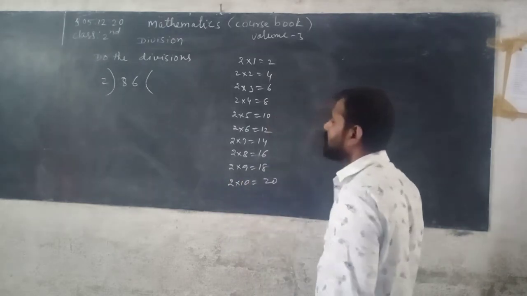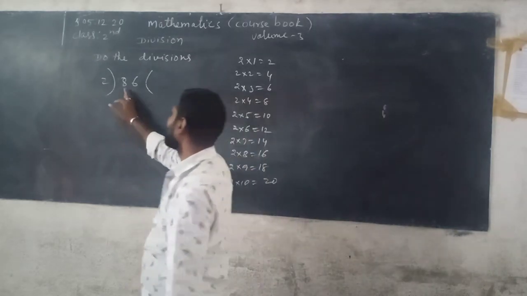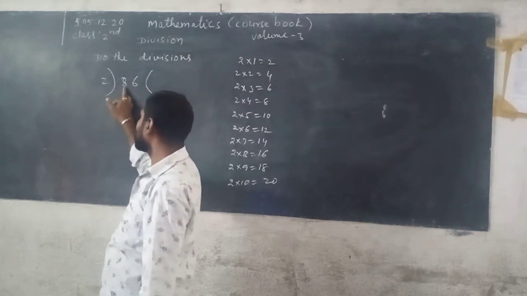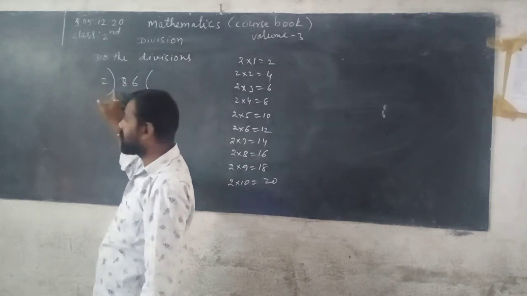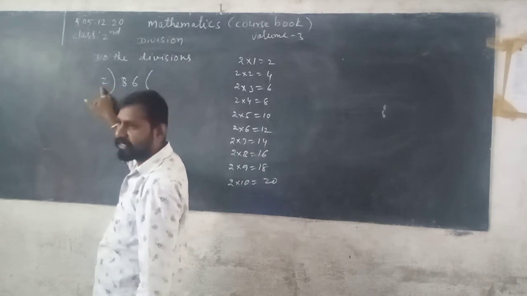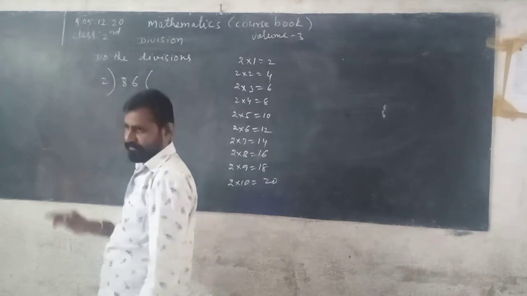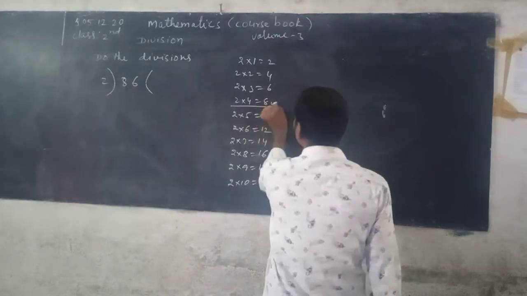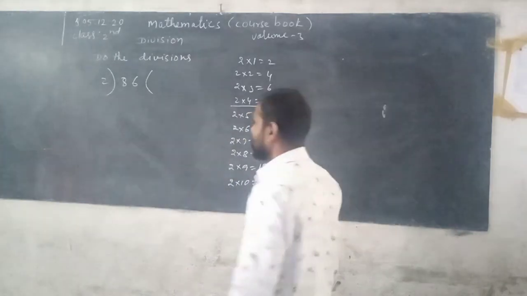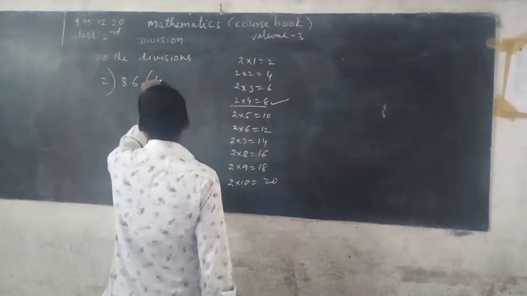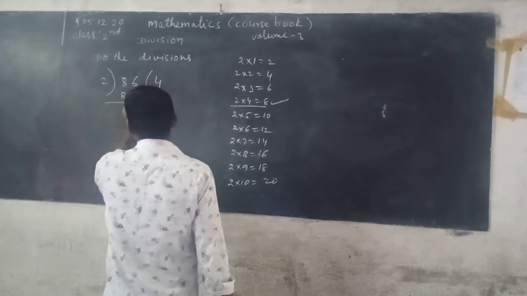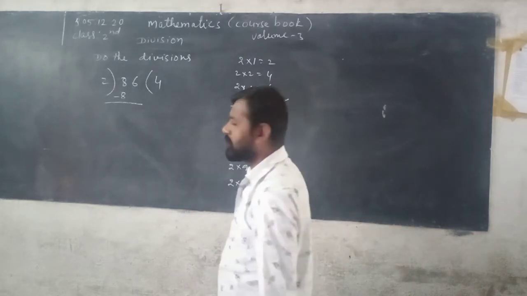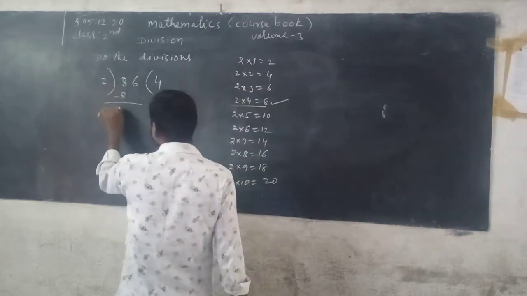See here, from the dividend we have to take the left side first digit, 8. 8 is more than 2. Since 8 is bigger than 2, I have to take 8. Where is it divisible? See here, 2 4s are 8. So 2 4 write in the quotient. 2 4s are 8. 8 write down below 8 only. See here, look at the blackboard. 8 minus 8, 0.